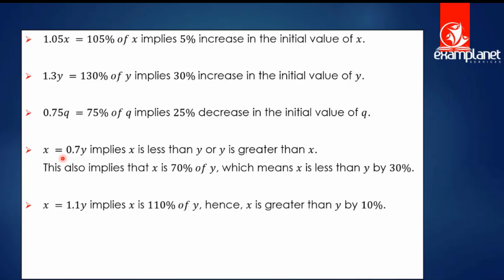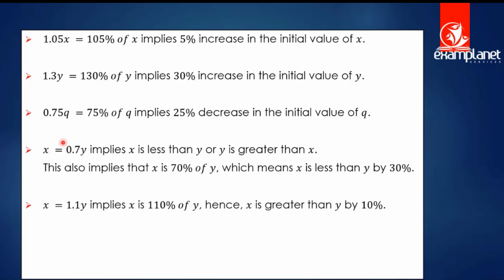Now if you have something like this, x is equal to 0.7y. How can we interpret this in terms of percent? X is 0.7y. If I may ask you first, which one is bigger between x and y? It is clear x here is less than y, because this 0.7 is not 1. If it is 1, that means they are the same. But since it is less than 1, it means this x is smaller.